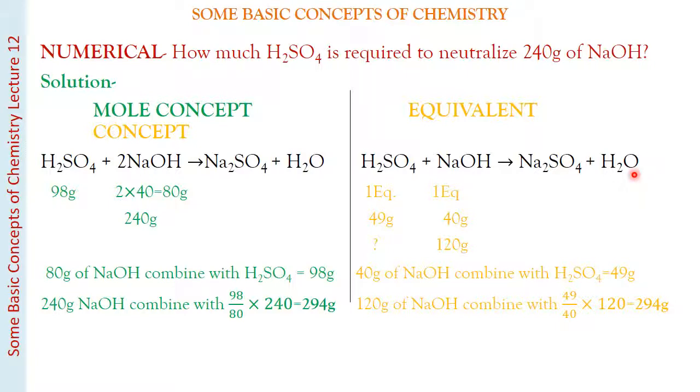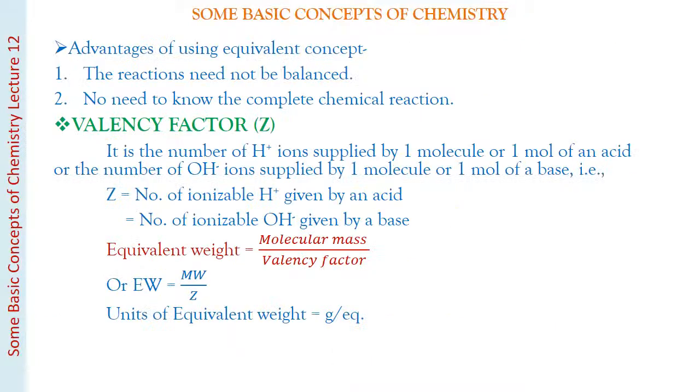Or if we know what product is being formed, we still do not have to balance the equation, which is a tedious job sometimes. So this concept becomes quite helpful in solving problems without needing the stoichiometric coefficients. So the advantages of the equivalent concept are that the reactions need not be balanced and we do not need to know the complete chemical reaction.